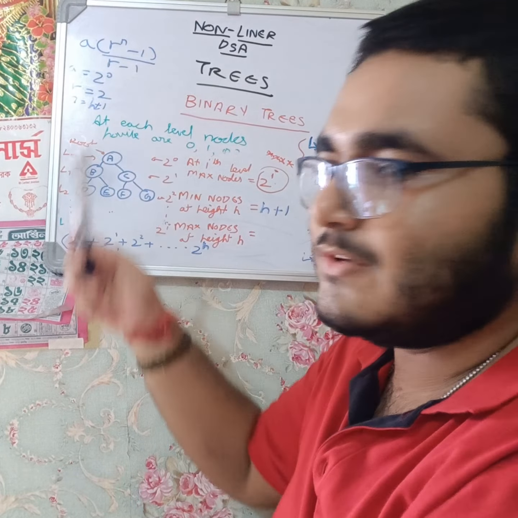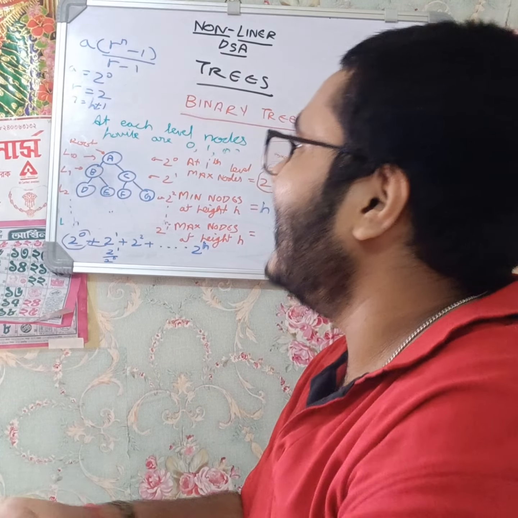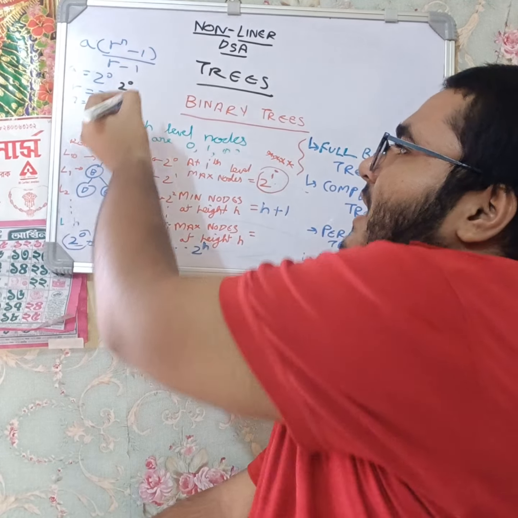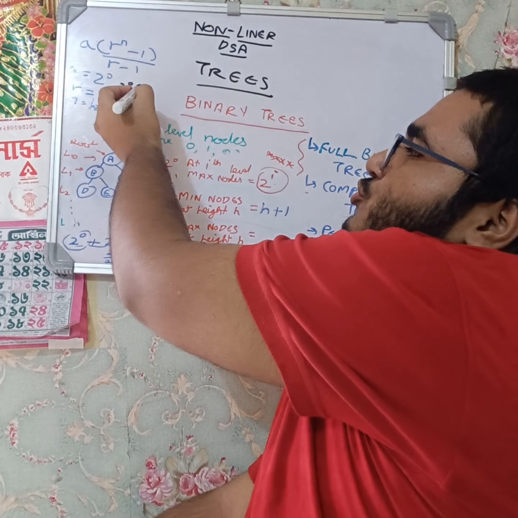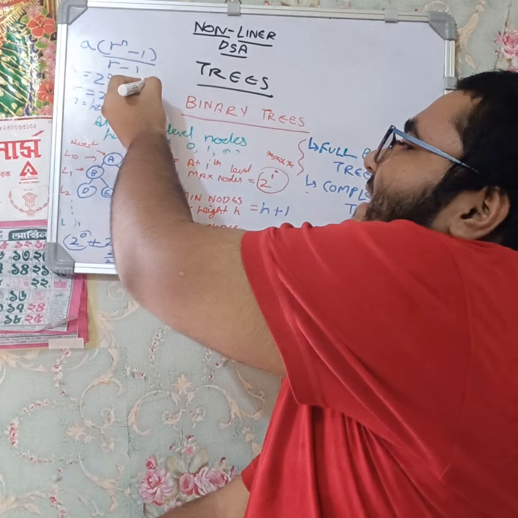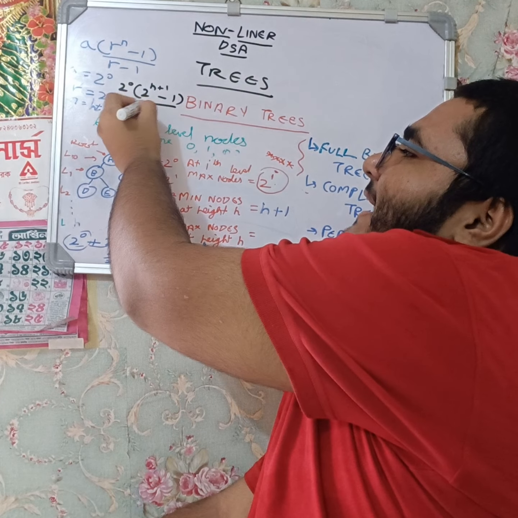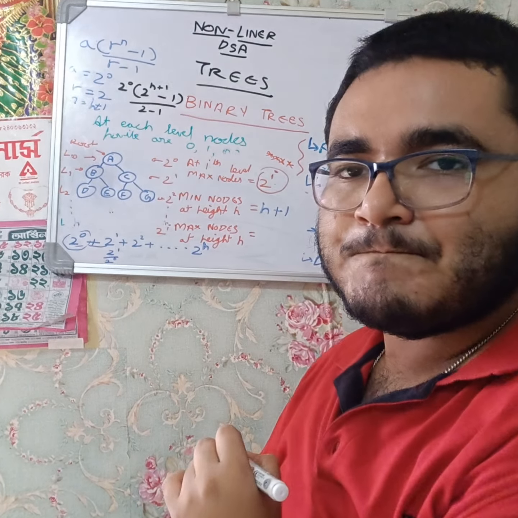So now put the values in this sequence. A is 2 to the power 0, common ratio r is 2, and n is h plus 1, so 2 to the power h plus 1 minus 1 by 2 minus 1.